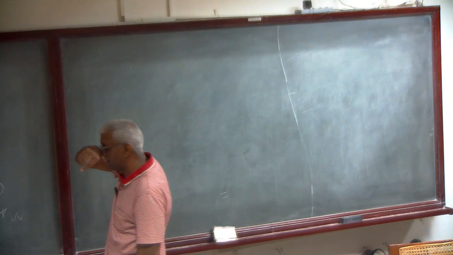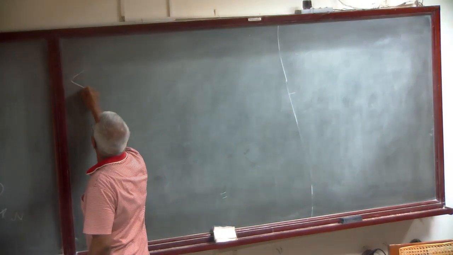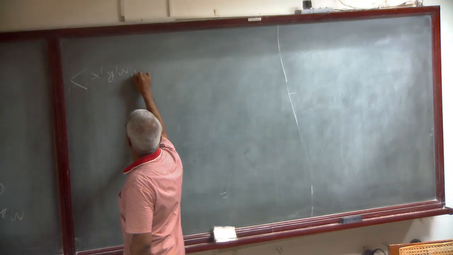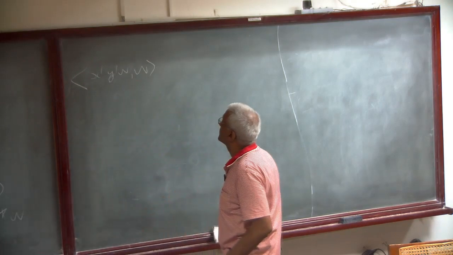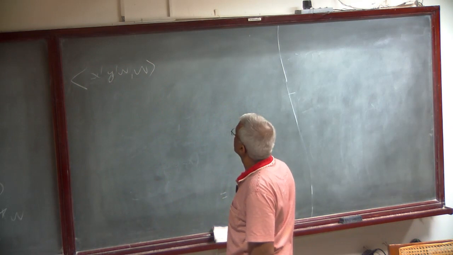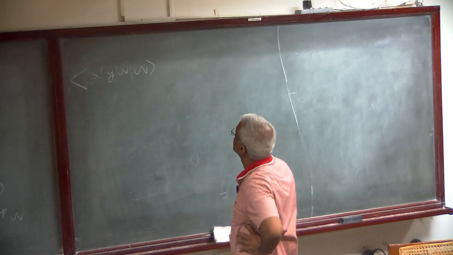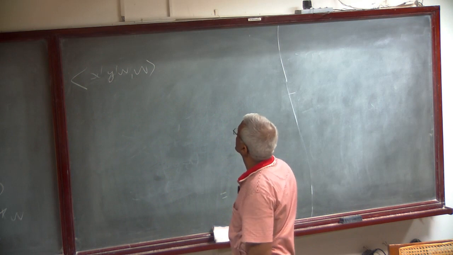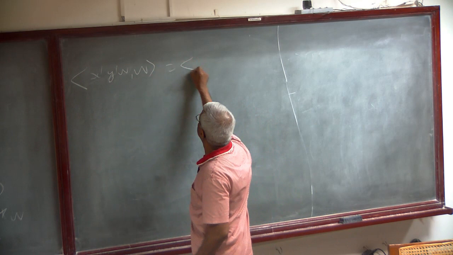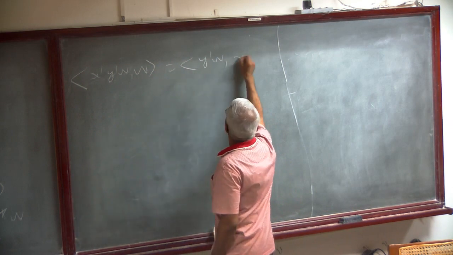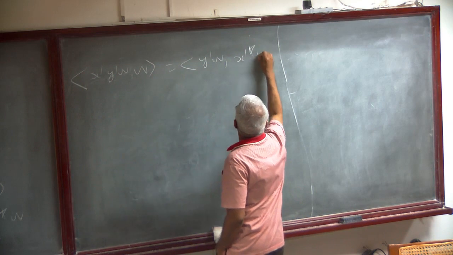So now we want to verify it's a tracial state. For that we have to verify x omega, x y prime omega omega. So this is equal to y prime omega, x prime star omega.